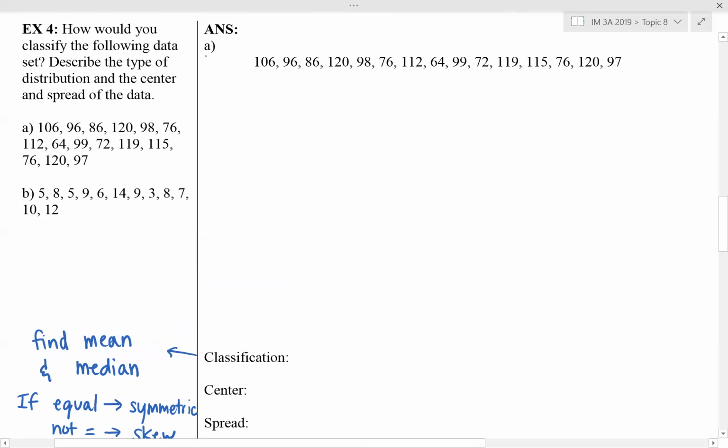So looking at this data, the lowest number here is 64. So I'm just gonna rewrite so that I have that. And then we've got 72, and then 76, and another 76. Okay, so I'm just putting that in order.